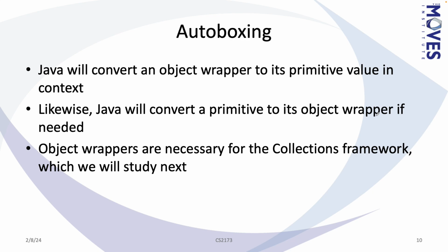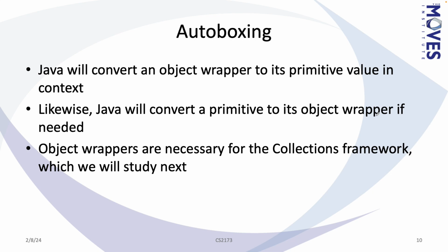Autoboxing will convert an object wrapper to its primitive value if it's in context. So if I take two object wrappers and I have a statement to add them together, Java realizes, oh, you're trying to add these two things.